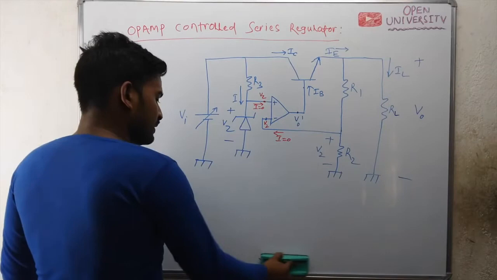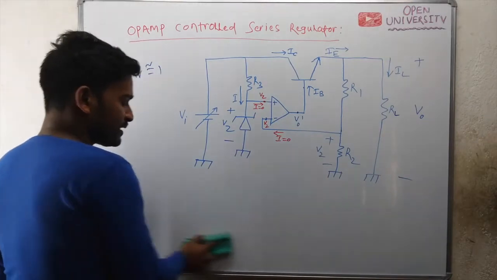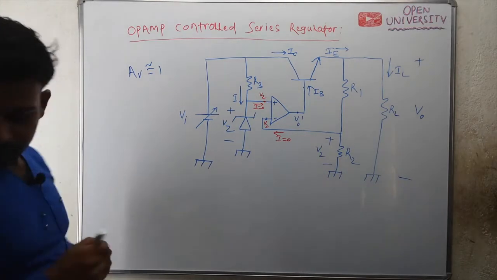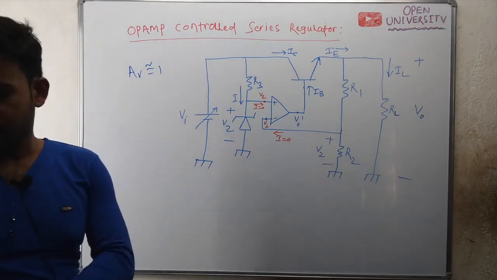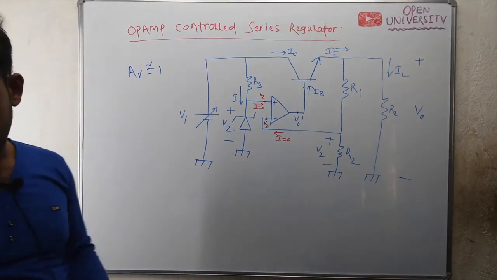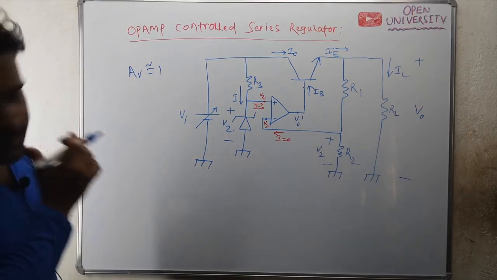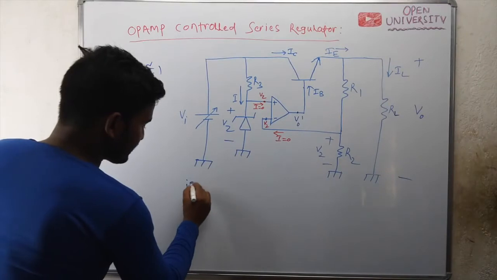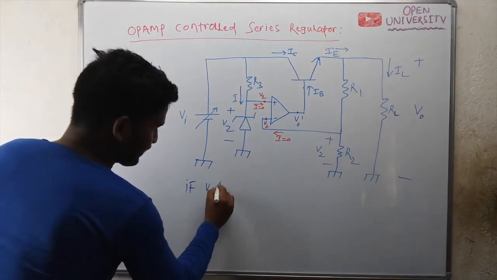See how this regulator provides constant DC output voltage. Suppose the load current increases, what will happen? V0 will increase.